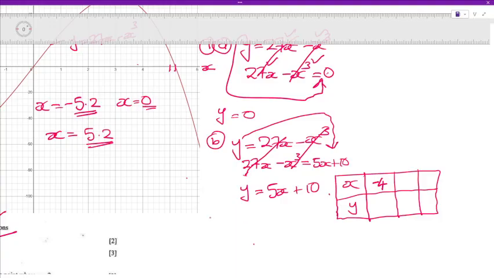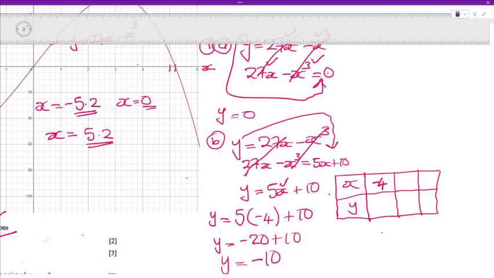If x is negative 4, we're going to say y is equal to 5, and we put negative 4 where x is. We're trying to find the value for y. So y will be equal to 5 times negative 4, which is negative 20, plus 10. So your y will be equal to what? Negative 10. So y is negative 10.